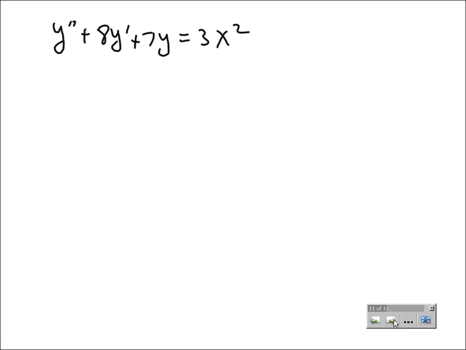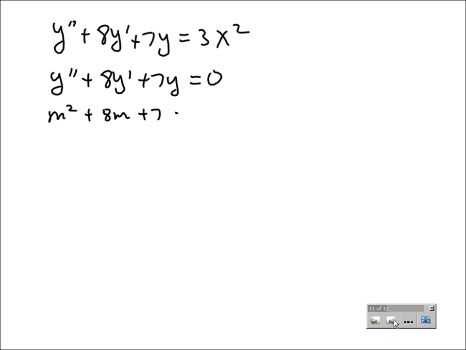The first thing you do is you solve for the corresponding homogeneous equation. That is y double prime plus 8y prime plus 7y is equal to 0. And this is from an earlier section. The coefficients are all constants and homogeneous. The auxiliary equation would be this.